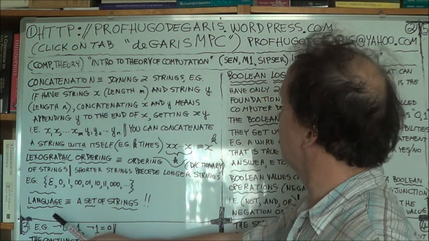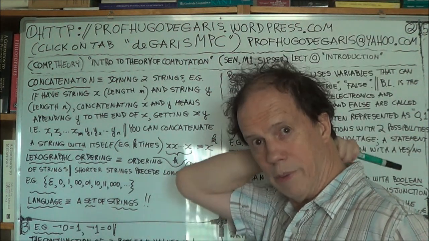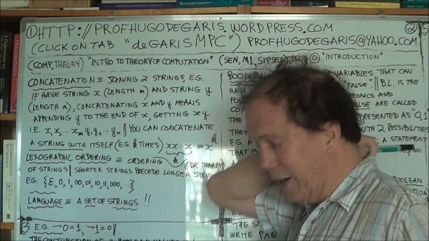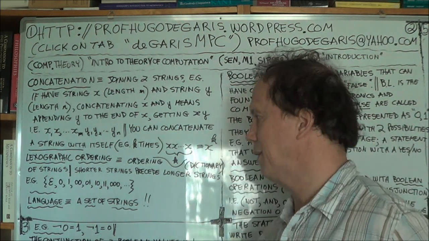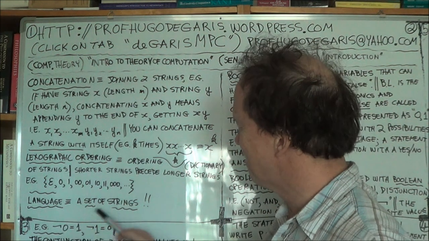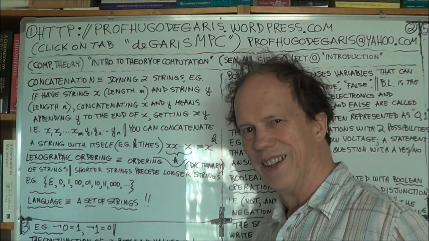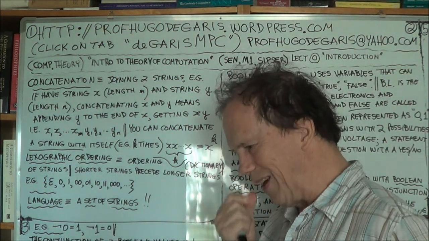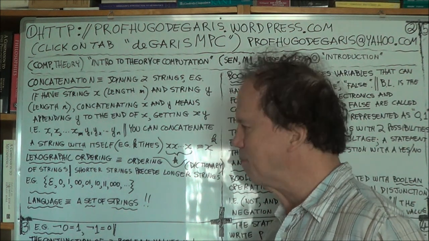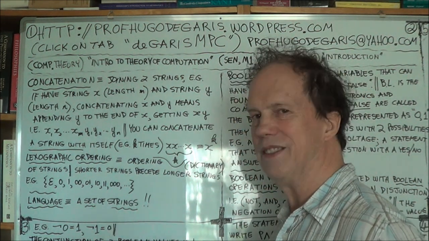Okay, and the last definition before we get on to a whole new topic is language. Very important concept. In fact, we're dealing with it here in just a very abstract, high-level definition in just half a line, right?